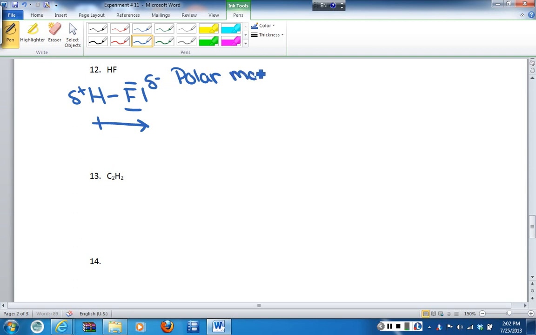Therefore, you have a polar molecule. So you would have London dispersion forces, dipole-dipole forces, and do you have a hydrogen bound to a fluorine, nitrogen, or oxygen? In this case, you have one bound to fluorine. So you have hydrogen bonding present, which you know is the strongest out of the three.